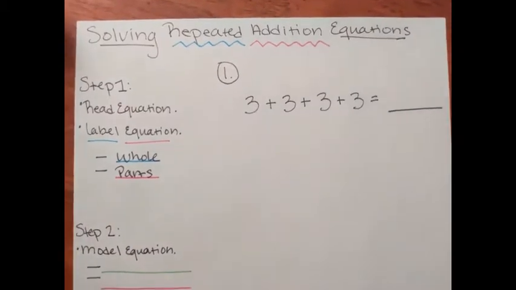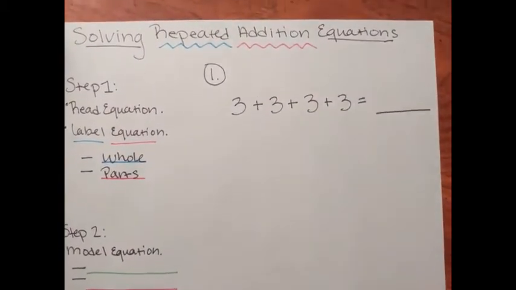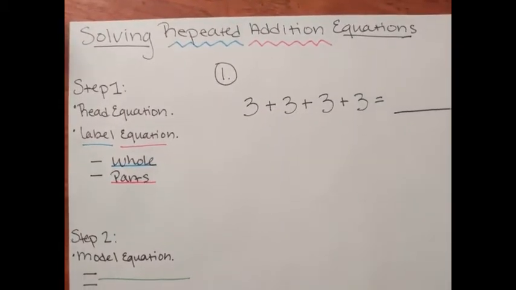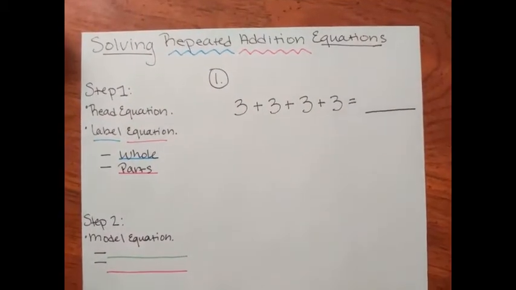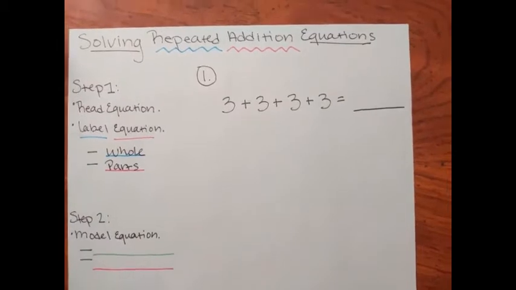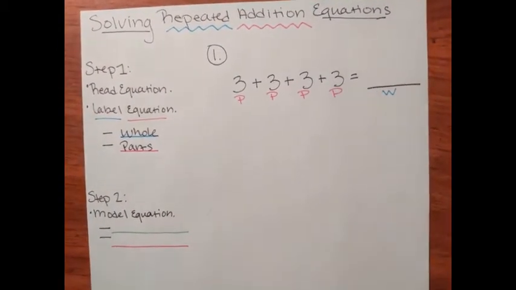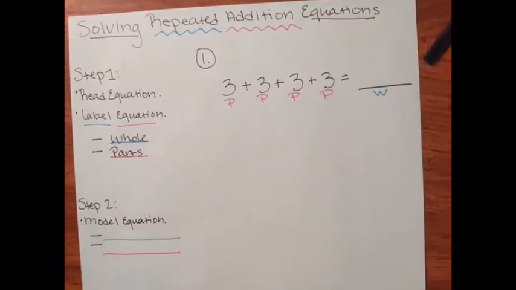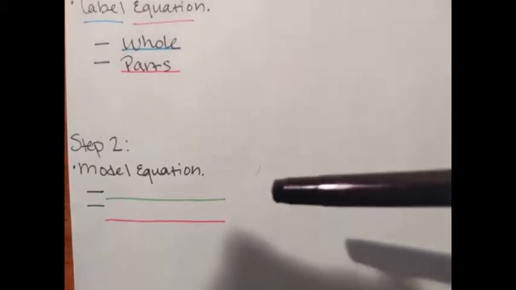We are going to use each one of our parts to find our whole number. Now, let's label our parts and our whole. Once we have our equation properly labeled, we are ready to move on to step 2.